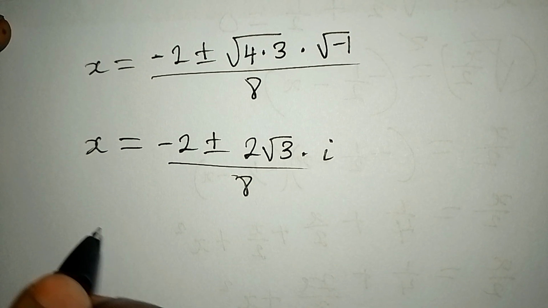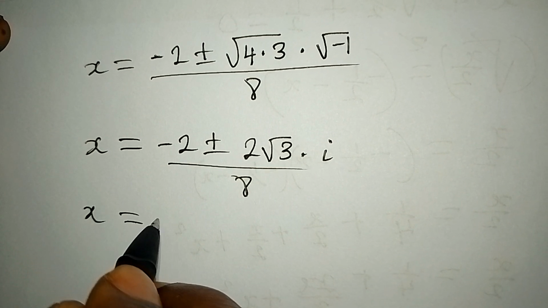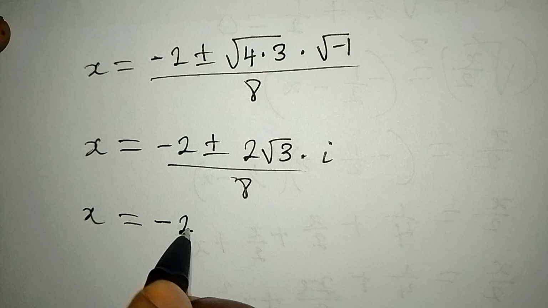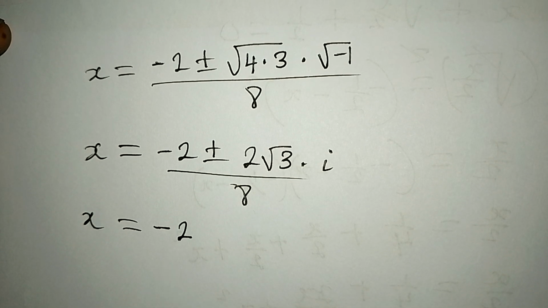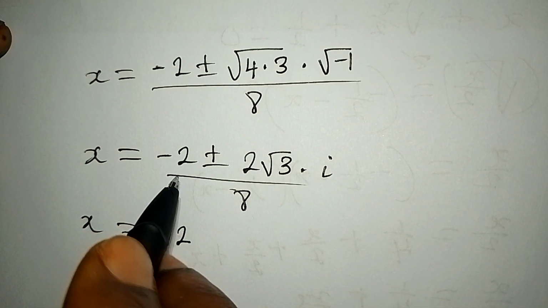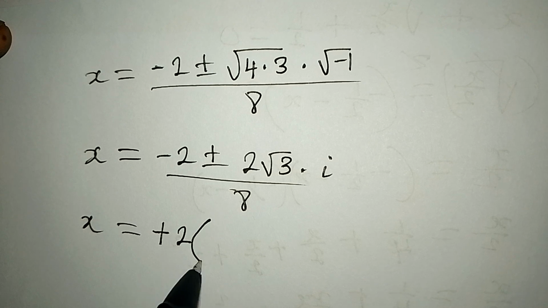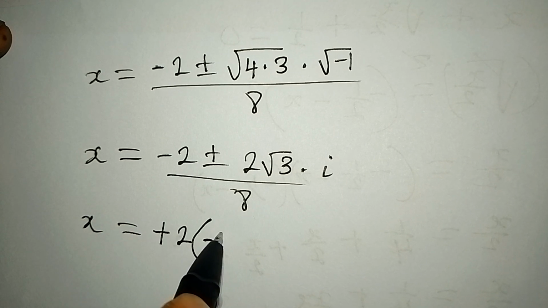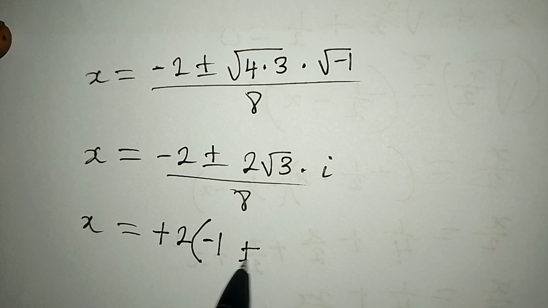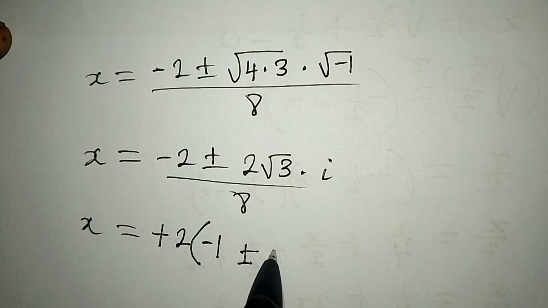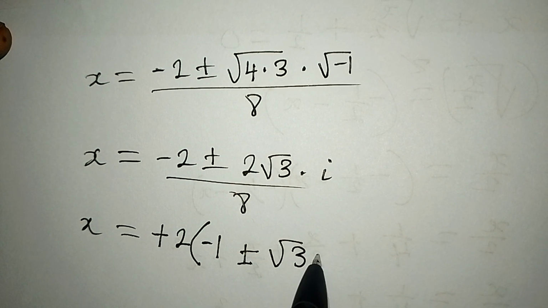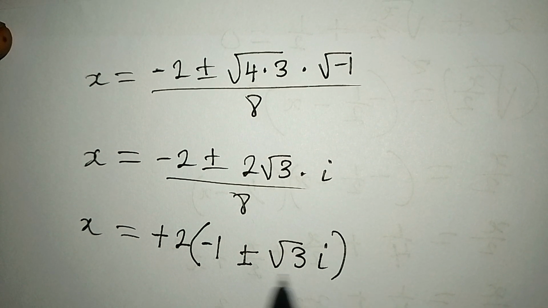Now, to continue with this, we have x equal to minus 2. Let's factor out 2, open bracket. Here we're going to have minus 1, then plus or minus root 3, then I. All of this is over 8, right?